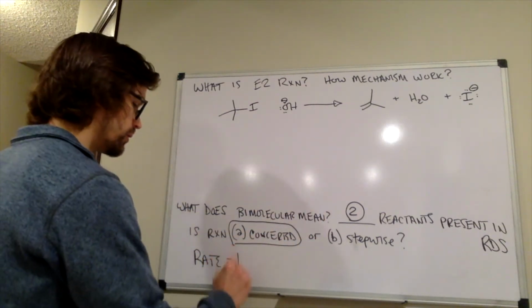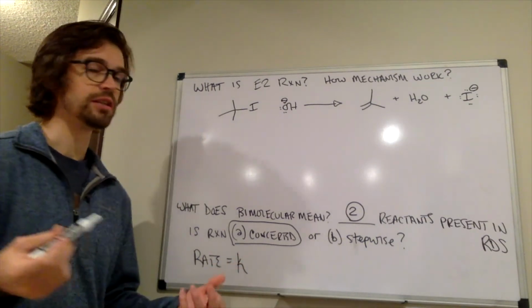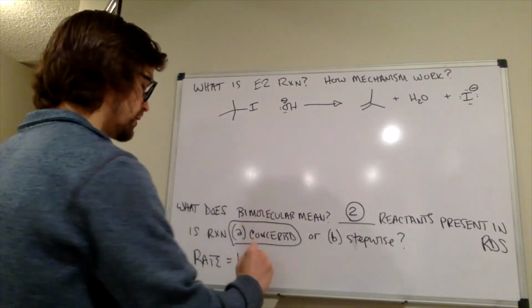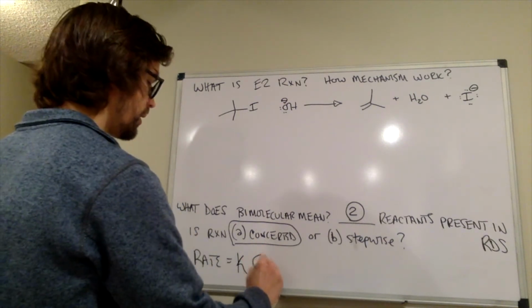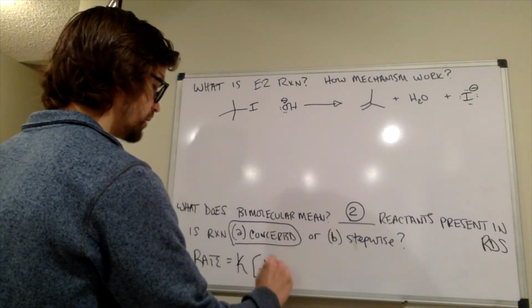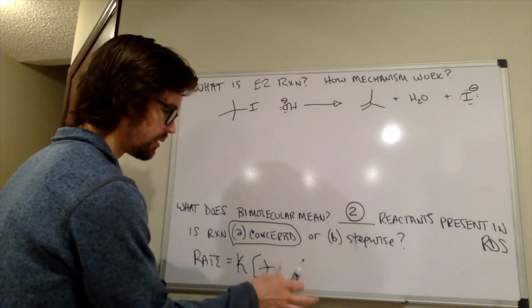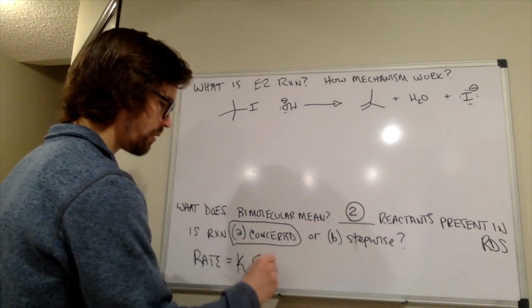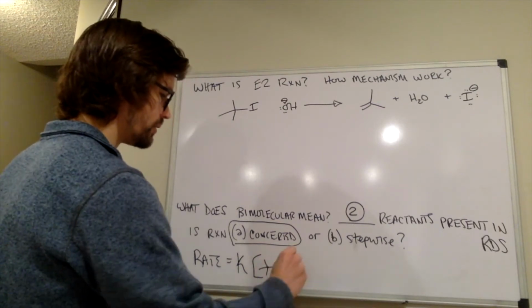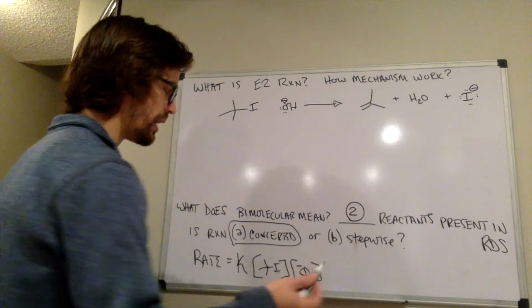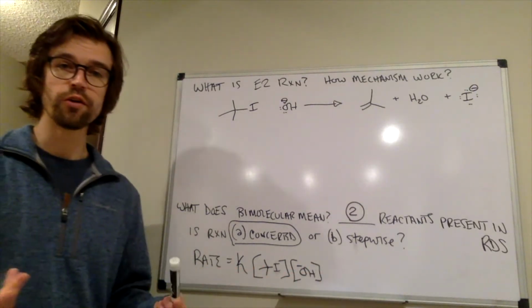Well, rate equals the rate constant times the reactants in the rate determining step. Both of those are in the rate determining step because it's bimolecular. So we would just draw the concentration of the alkyl iodide, and the concentration of the base OH minus. So that would be the rate.